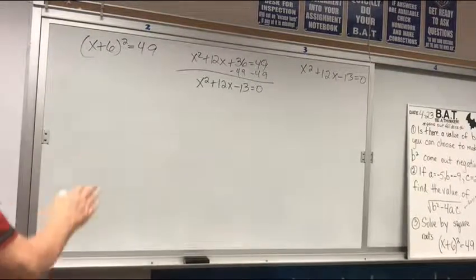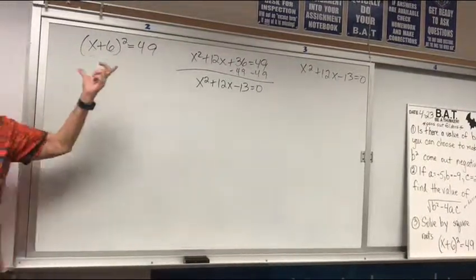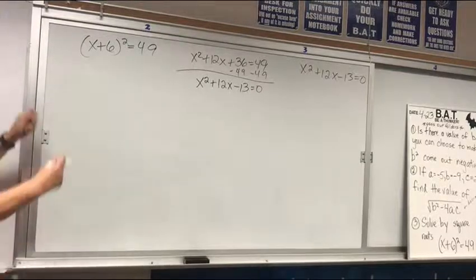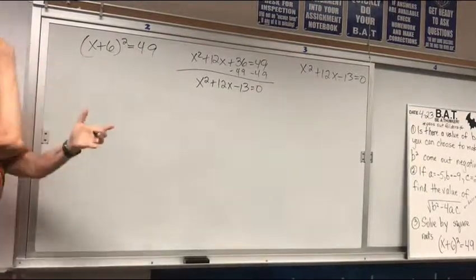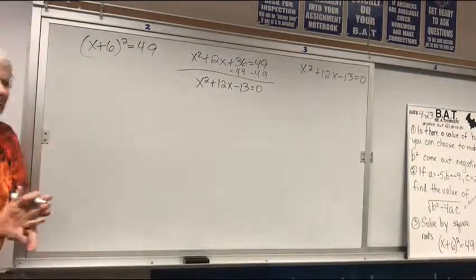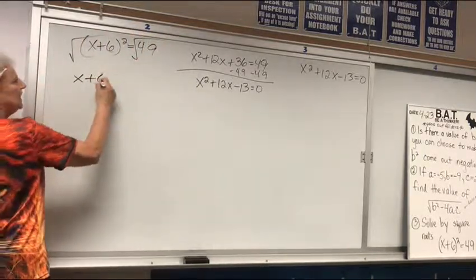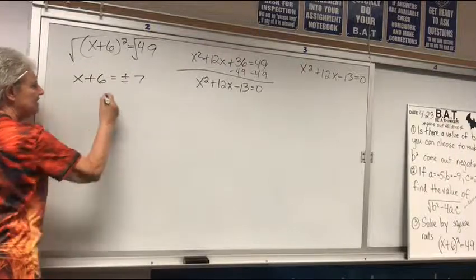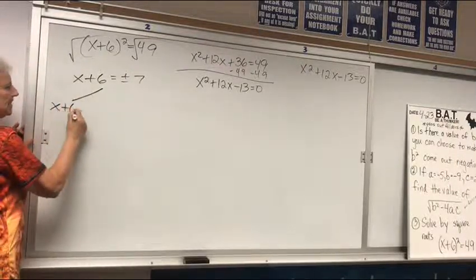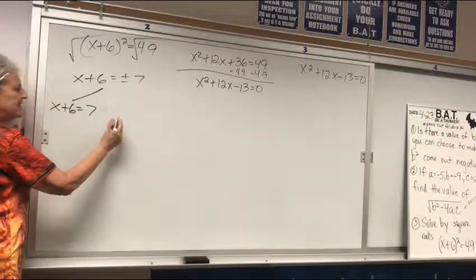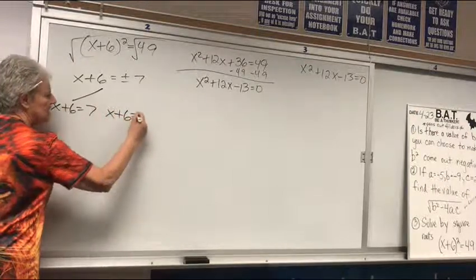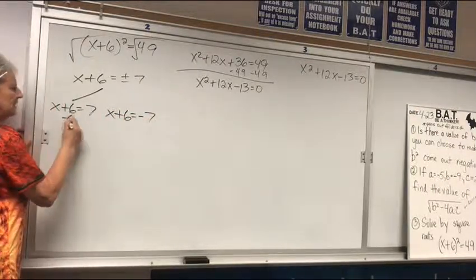Okay. On your bat, you have to solve by square roots. Because if you get a problem like this, it is obvious that you should just take the square root. x plus 6 equals plus or minus 7, x plus 6 equals positive 7, x plus 6 equals negative 7.